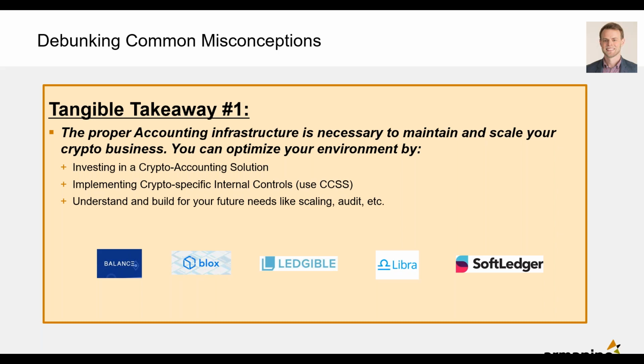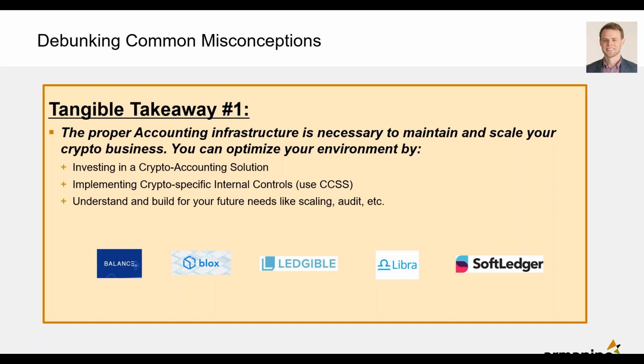So, we see a lot of clients using QuickBooks Online or Xero or Excel or Intacct or NetSuite. And inherently, those systems are just not properly set up to transact in a crypto environment. First issue is that transacting in crypto requires your accounting environment to track up to 18 decimals.